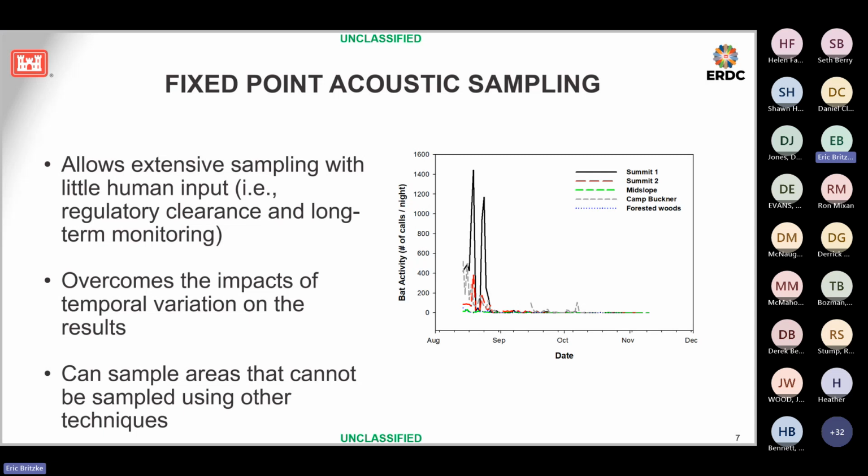So we have 2 nights where activity is through the roof. And if we were to miss those 2 nights and, say, started sampling on 1 September, we'd have a very different picture of what the bat activity looked like here. And so this is the power of looking at this temporal variation with fixed point acoustic monitoring.